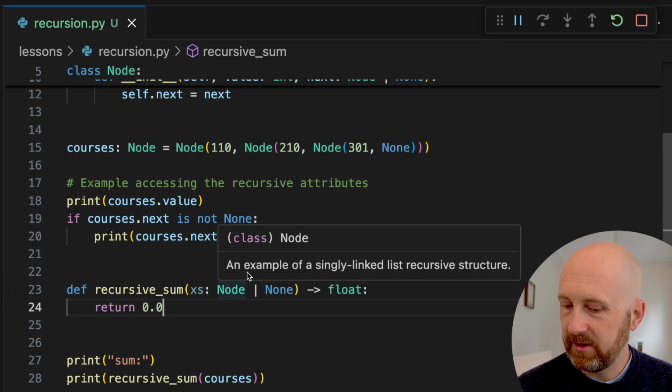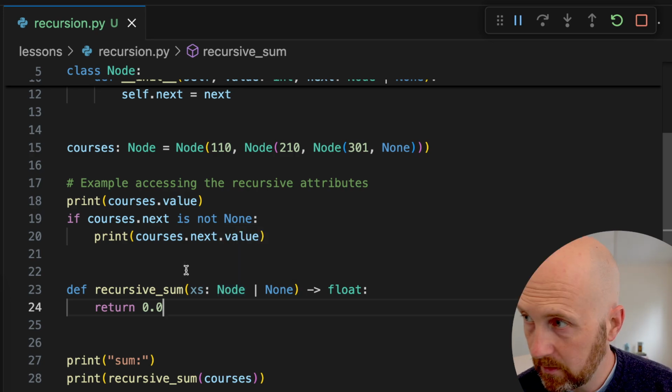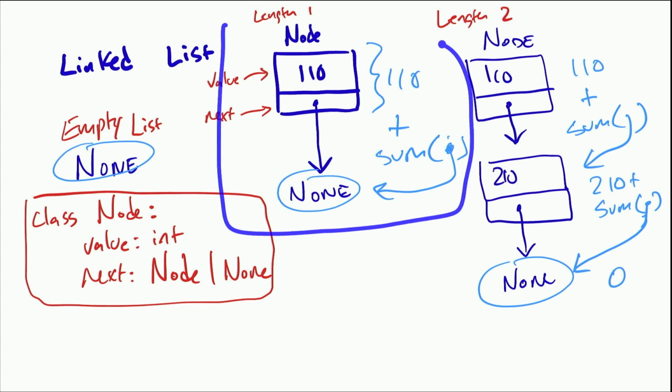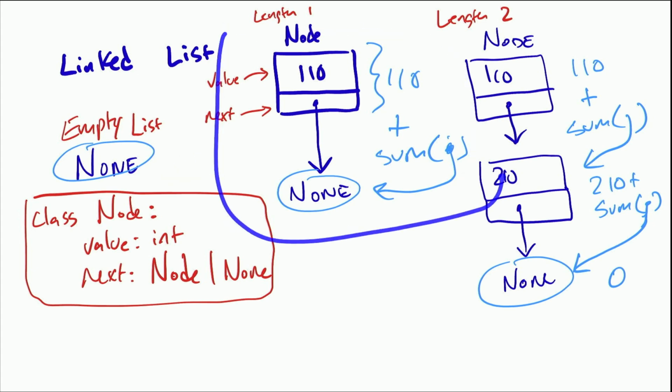But if we think really briefly back to our intuition here, I'm going to switch back to my iPad really quickly. And you'll notice that we had a couple of cases here. We actually only have 2 separate cases, and then we see how recursion plays out. The 2 cases that I want us to focus on are this one. This is our empty list. And what we know is when we sum the empty list, or when we sum a value of none, it's going to be 0.0, right? Otherwise, our other case that we care about is when we sum a non-empty list.